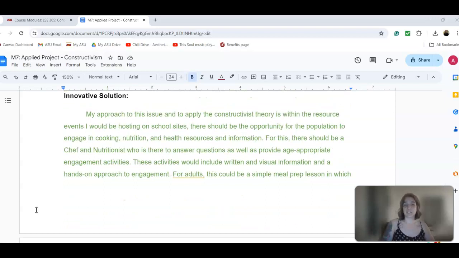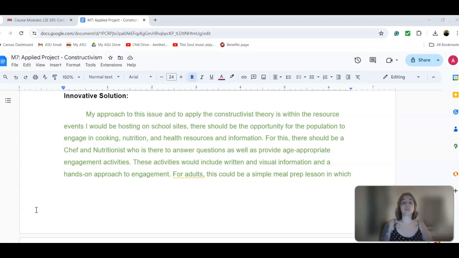So my approach to this issue and how to apply the constructivist theory is within the resource events I would be hosting on school sites. There should be the opportunity for the population to engage in cooking, nutrition, and health resources and information. For this, there should be a chef and a nutritionist who is there to answer questions as well as provide age-appropriate engagement activities.